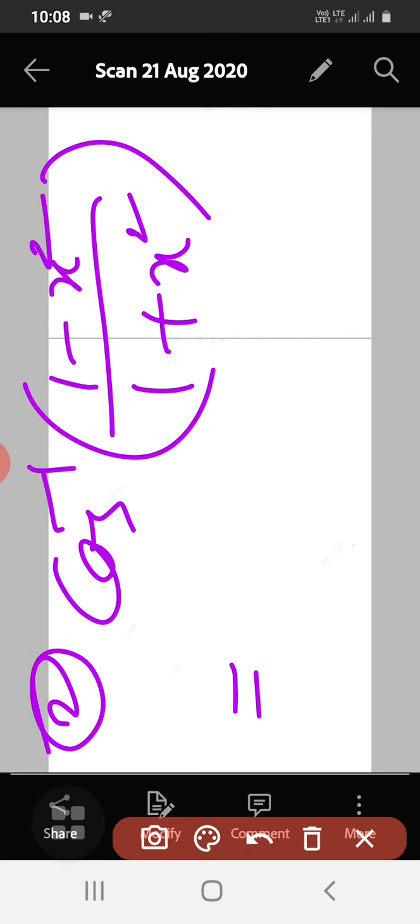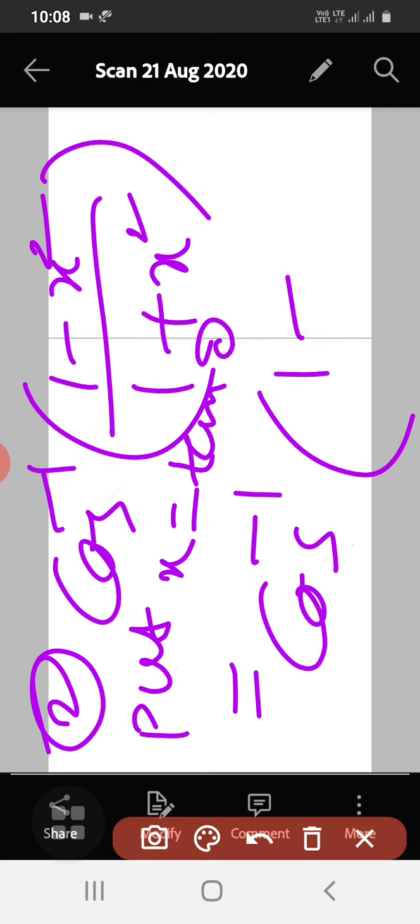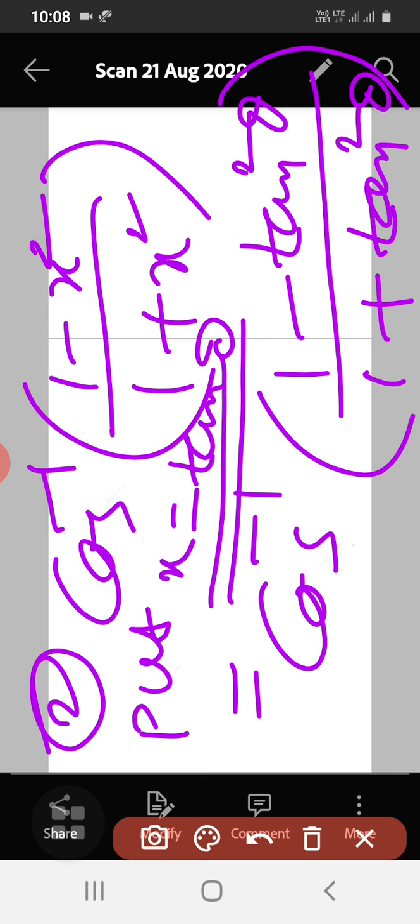Here, instead of x I can substitute x is equal to tan theta. Then cos inverse of 1 minus tan square theta divided by 1 plus tan square theta.